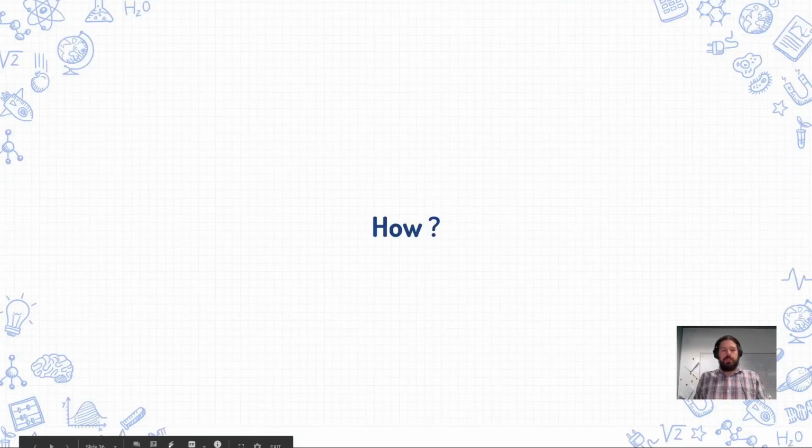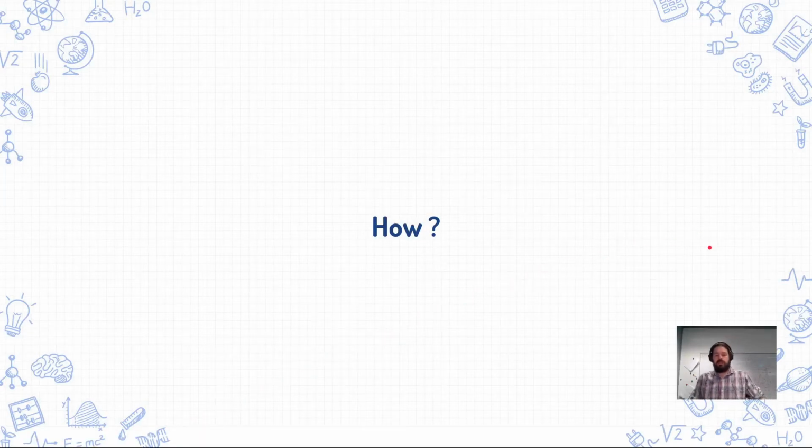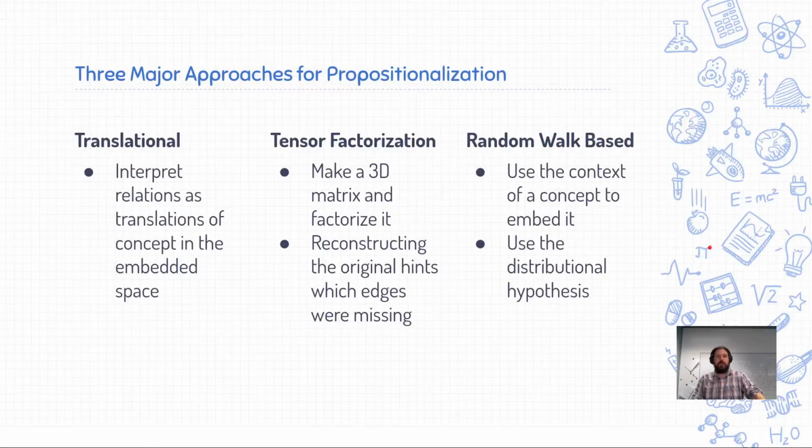Okay, so a big question now is how are we going to do that, right? Because we have that graph, we want to go to these embeddings. Well, there are basically three major approaches. The first set of approaches counts on a translational property.